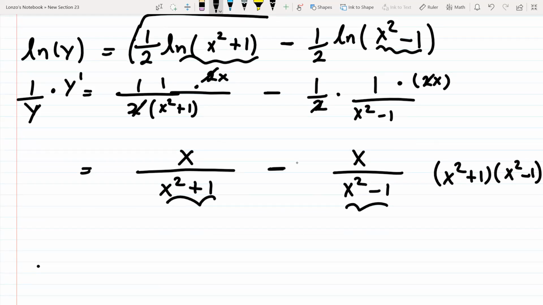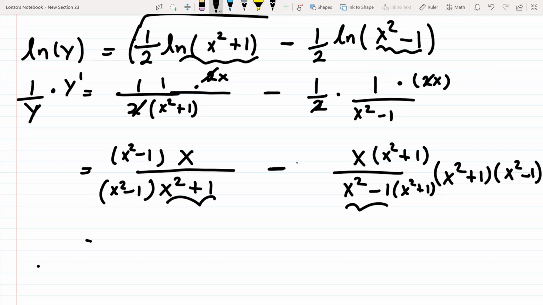So go ahead and simplify. The first fraction is missing an x squared minus 1, and the second, over x squared minus 1, is missing an x squared plus 1. When you FOIL this out, x times x squared is x cubed, minus 1x. And then x times x squared is x cubed, plus x.